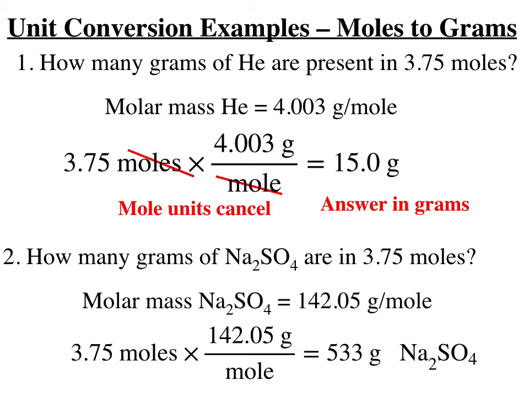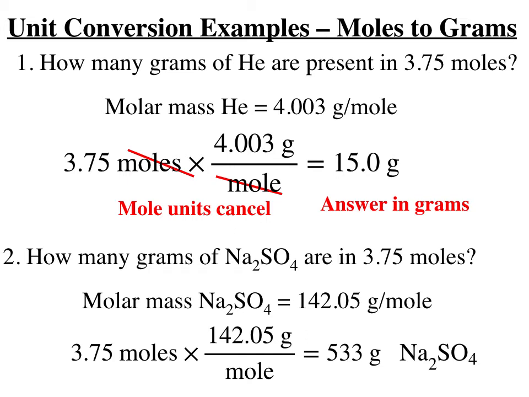So suppose a procedure calls for 3.75 moles of helium, and I go to my periodic table and find helium weighs 4.003 grams per mole. Each Avogadro's number of helium atoms would pile up until it weighed 4.003 grams. So to get 3.75 moles of helium, notice I line the molar mass of helium up as a conversion factor.